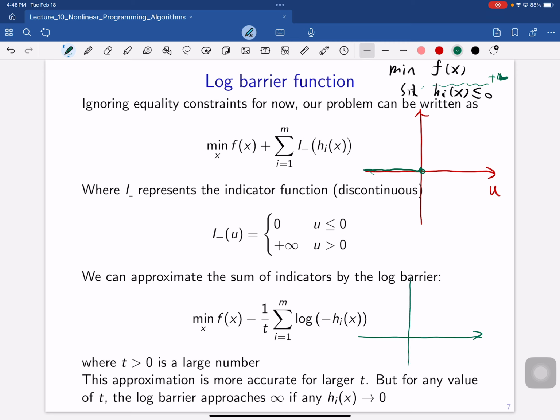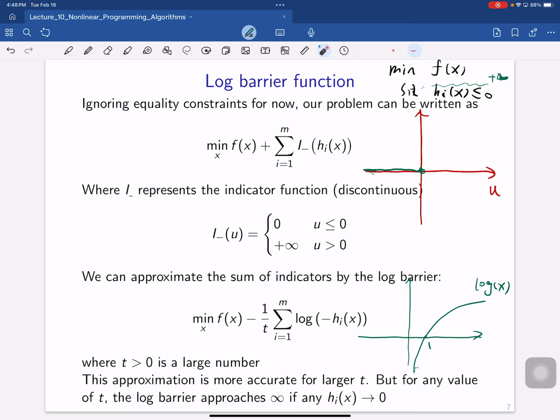It looks like this, where this is 1, and this is log of x. As you can see, the domain of log of x must be greater than 0. But now if you have minus h_i(x) greater than 0, that means h_i(x) must be less than 0. So this log function keeps h_i(x) feasible, keeps it less than 0.